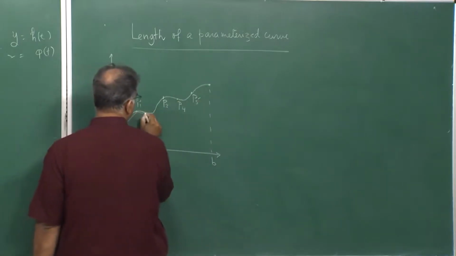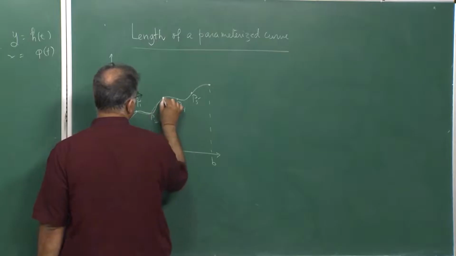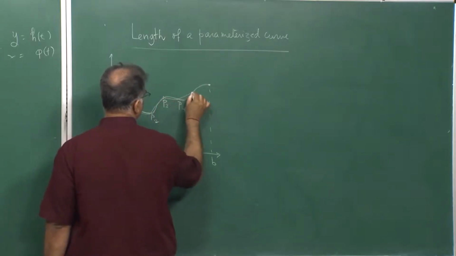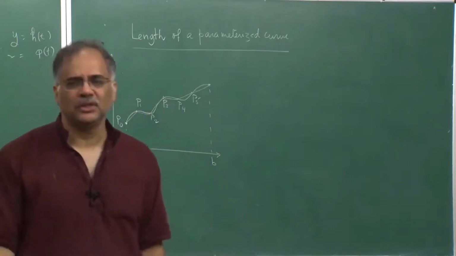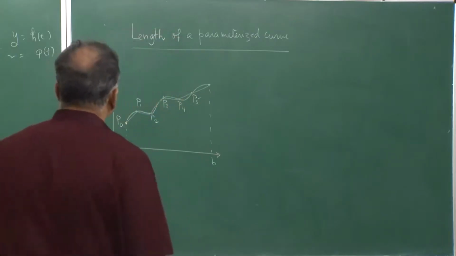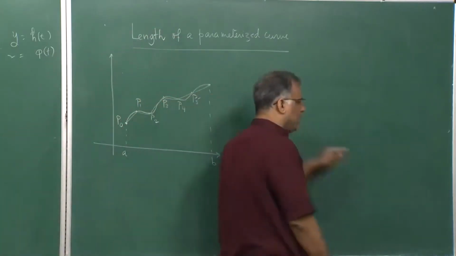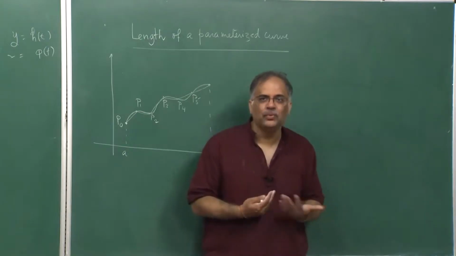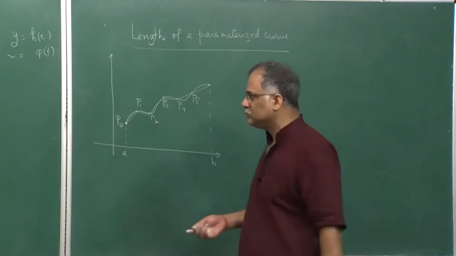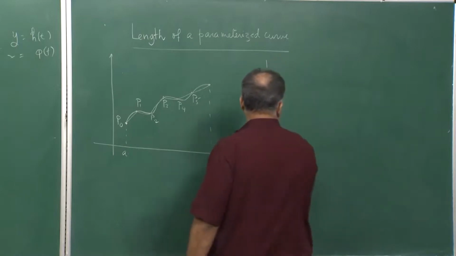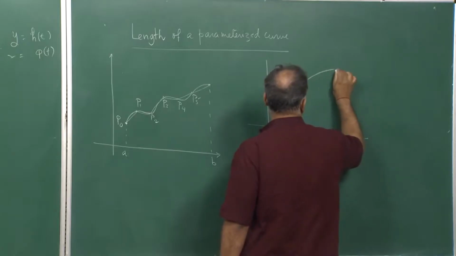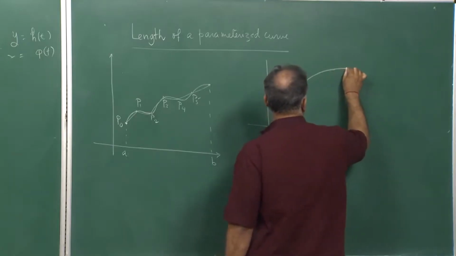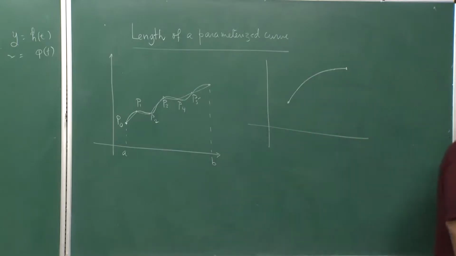Here I join these partitioning points on the curve by straight lines, and then I get an approximation of the length of the curve, which is not exactly the length. You can understand, if I keep on increasing my partition points, in some way the length will come. So, let me look into a very small cross section where you have the points P k minus 1 and P k.